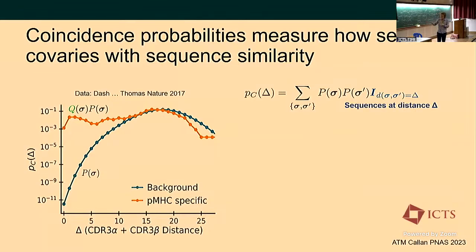And then the other thing you can do here, which gets back to your question of why we bother talking about sequence similarity: if you do the same for your null distribution, what you would get just from P of sigma, it would be much, much less condensed in sequence space. In the null distribution, it's incredibly unlikely to get sequence convergence down to this level, maybe like 10 to the minus 12.